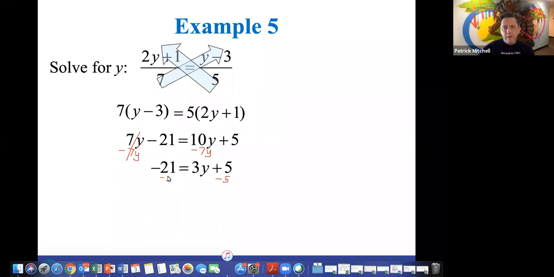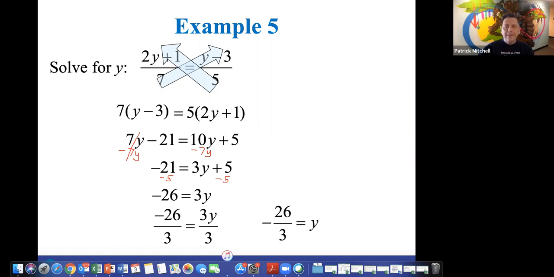And that is going to give me negative 26 equals 3y. I'm going to divide both sides by 3. And that's going to give me y equals negative 26 thirds.